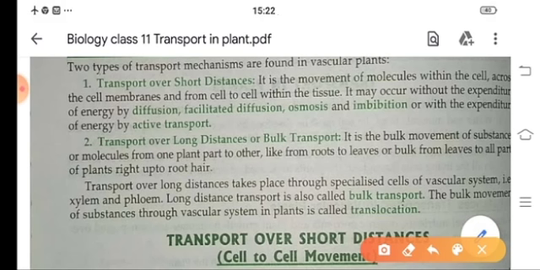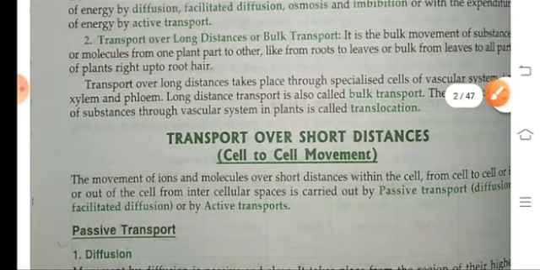So transport over long distances can be done by a special type of cells or vascular system. They are known as the xylem and phloem. Now this long distance transportation is also known as bulk transportation, and the bulk movement of substances through the vascular system in plants is known as translocation.